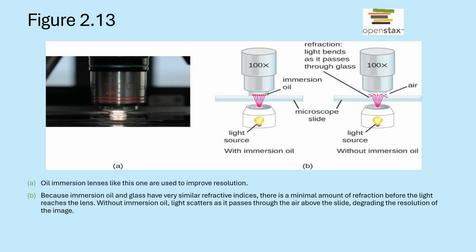What you do with this is you have your slide. I don't know if you can see right here is your slide with your specimen on it. You put a little drop of a special oil, it's called immersion oil.